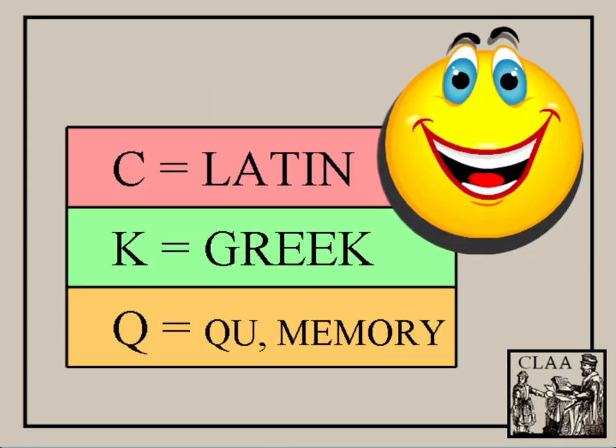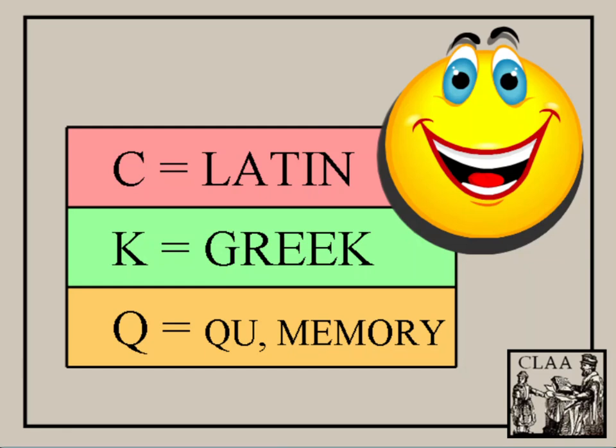Knowing when to use the consonant ke or ka or ku is really not that difficult. The consonant ke, here in the red box, is used in Latin words, words that come from Latin.